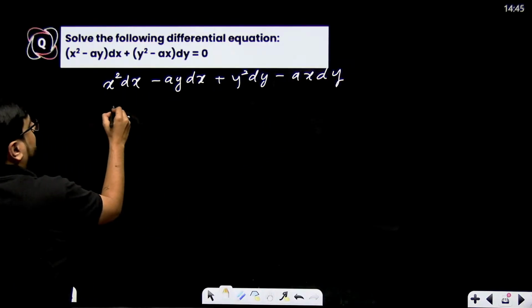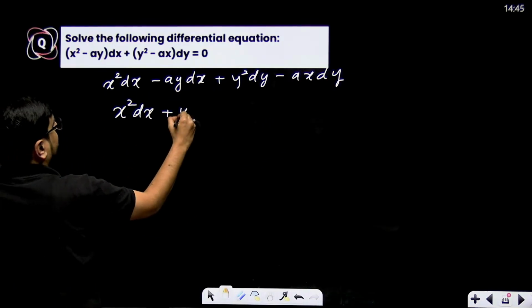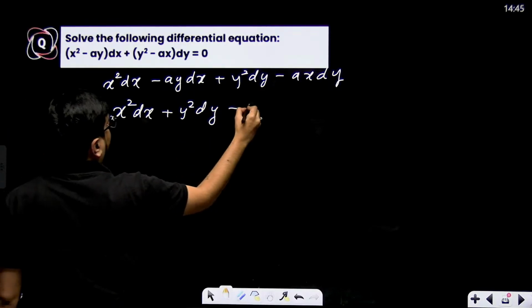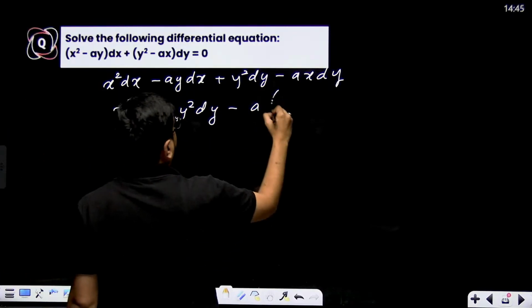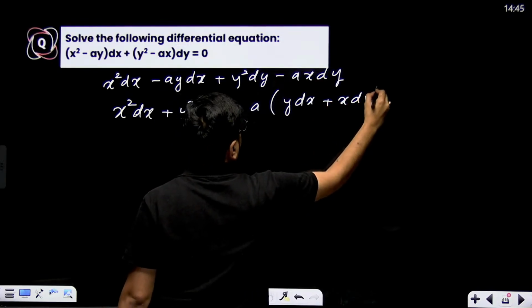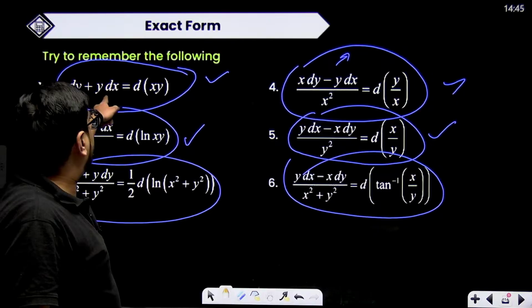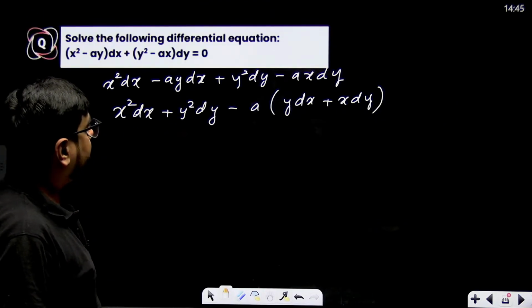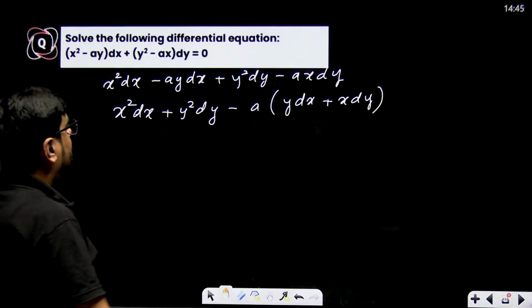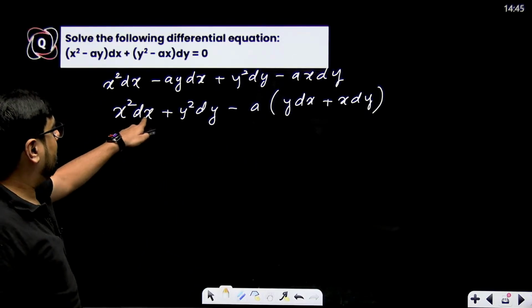So if we combine things over here, x square dx plus y square dy we have, and if we take minus a common, then y dx plus x dy we have. These are exact forms. x dy plus y dx will directly become d of xy.